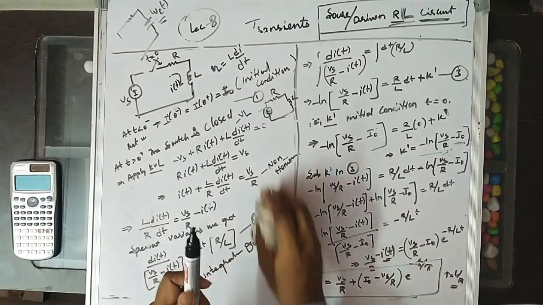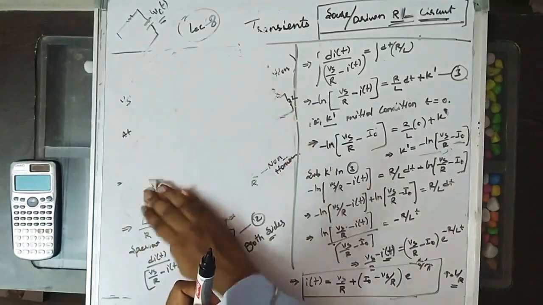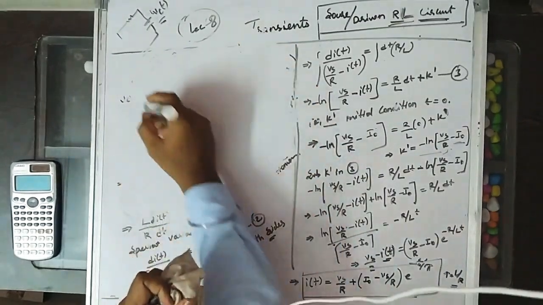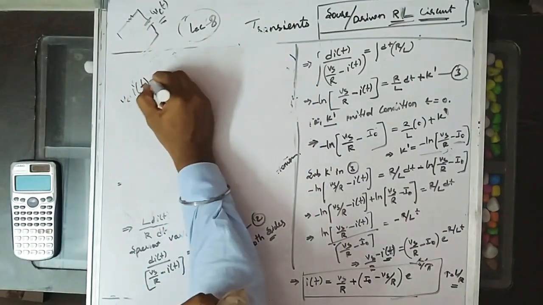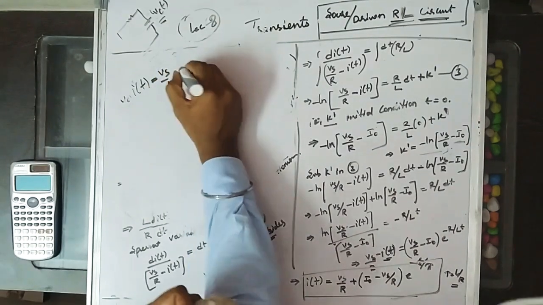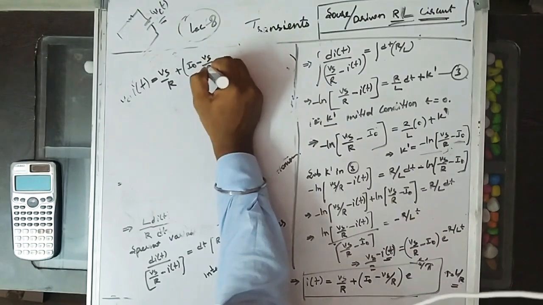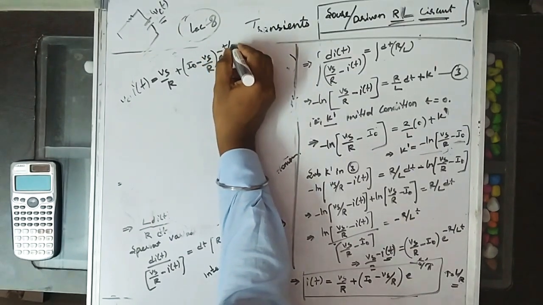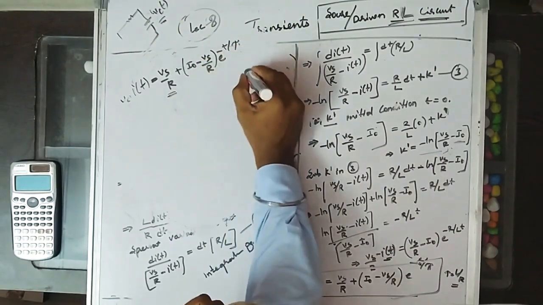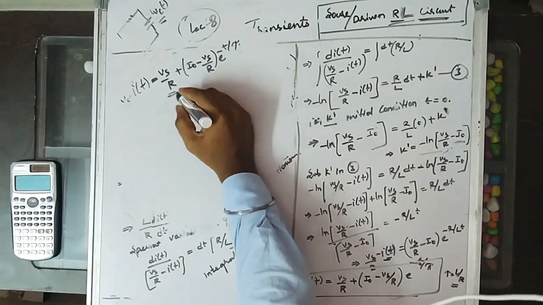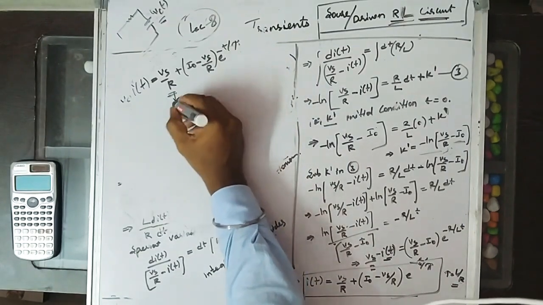For analyzing, we took i(t) equal to Vs by R plus (I0 minus Vs by R) into e power minus t by tau. Vs by R is a current; this is the forced response and the other term is the natural response.